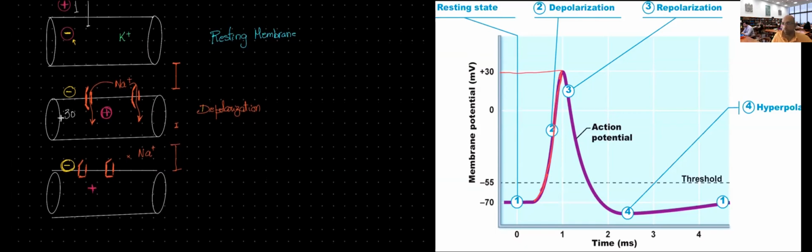So what's going to happen? You can't simply get the sodium that did move inside out. Why? Because you're going to be trying to move the sodium against the concentration gradient. So it requires energy, and it's going to be consuming time.